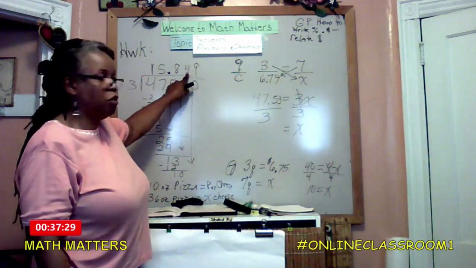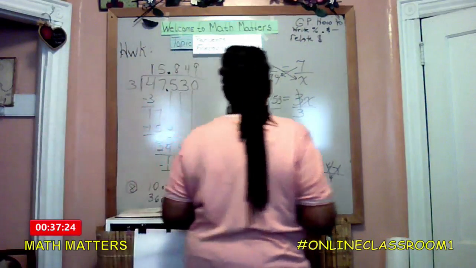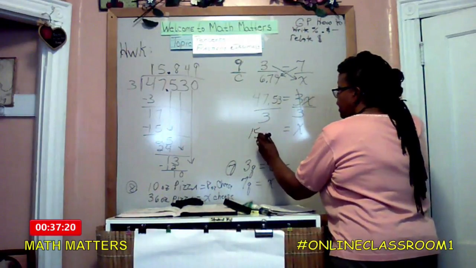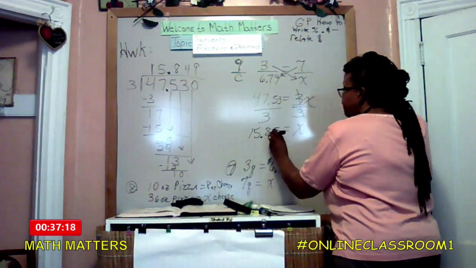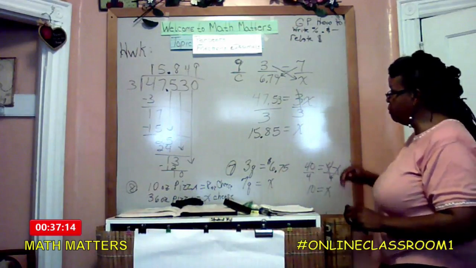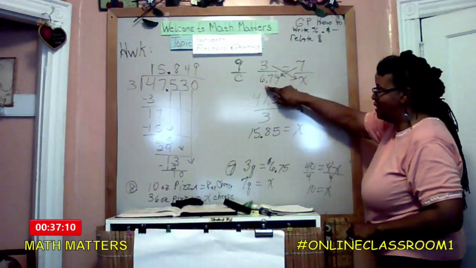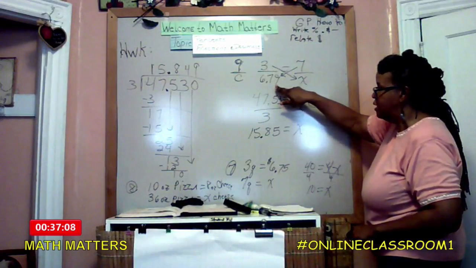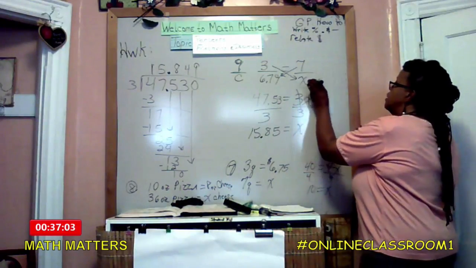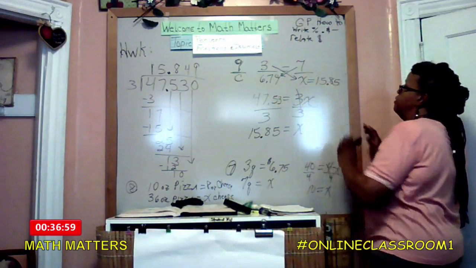So this 4 will increase by 1, giving us the amount of $15.85. Okay, so let's go back up to the problem and see. If 3 quarts of milk cost $6.79, 7 quarts of milk will cost $15.85.